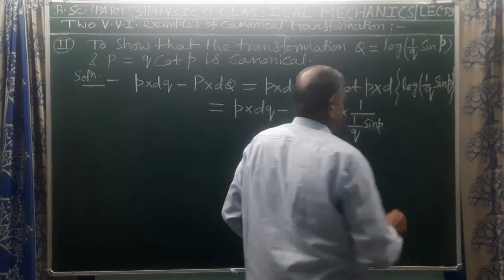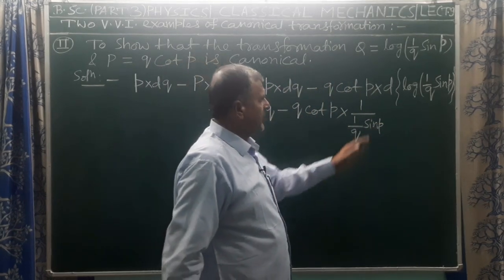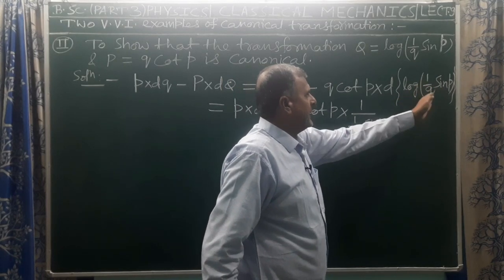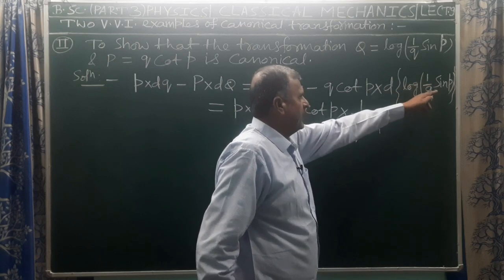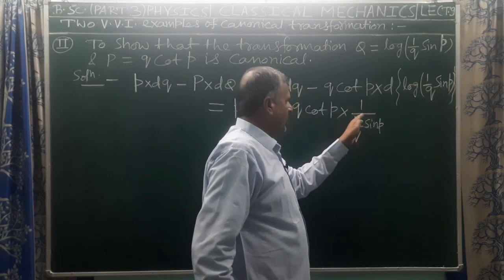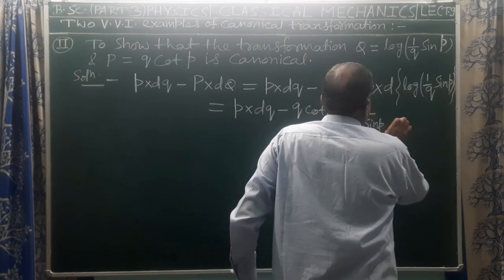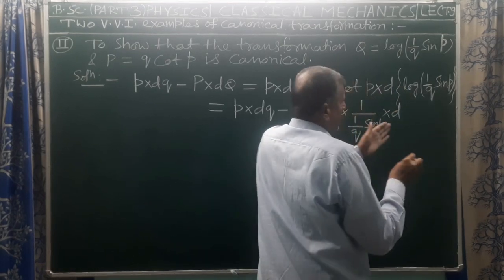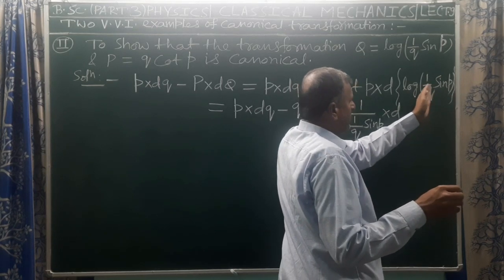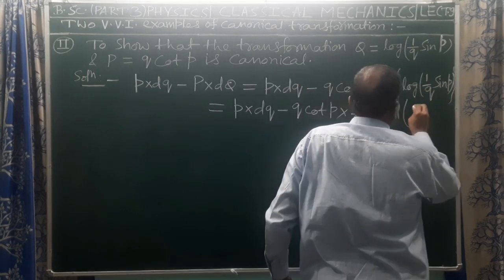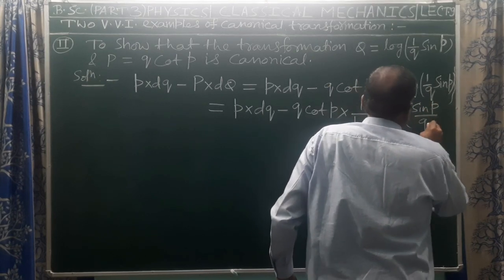We know that the differential of log x is equal to 1 by x. So d of log of 1 by small q sin p is 1 upon sin p upon q, that is 1 upon 1 by q into sin p. And now we have again the differential of the function inside the bracket, which is 1 by q into sin p, that is d of sin p upon small q.